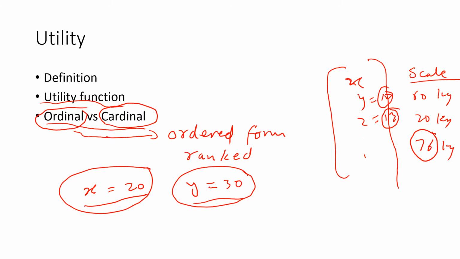Because we don't know how individual X assigned the value 20 and how individual Y assigned the value 30, on which category and how they did that. So this assigning is basically ranking. These values that they have assigned are not interrelated and not intercomparable. They are just for ranking purposes, and possibly individual X gets a better satisfaction than individual Y.